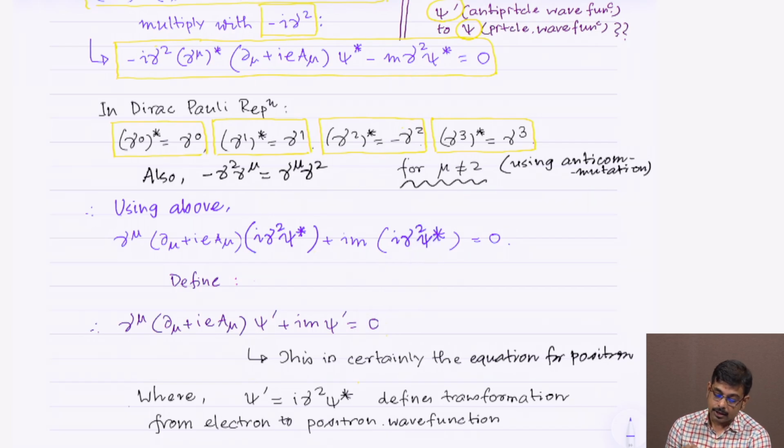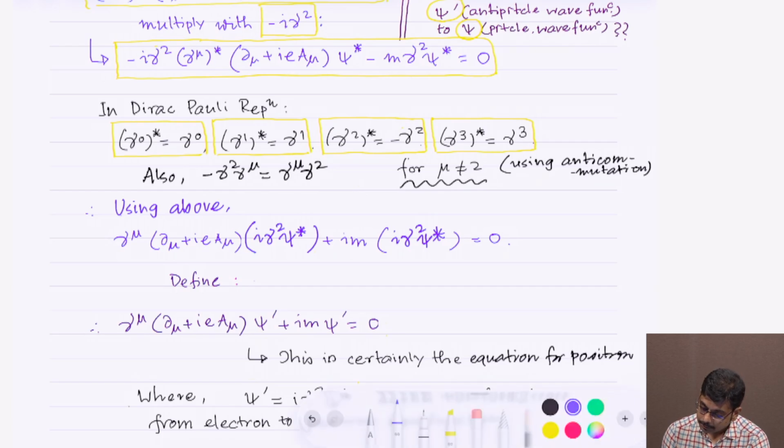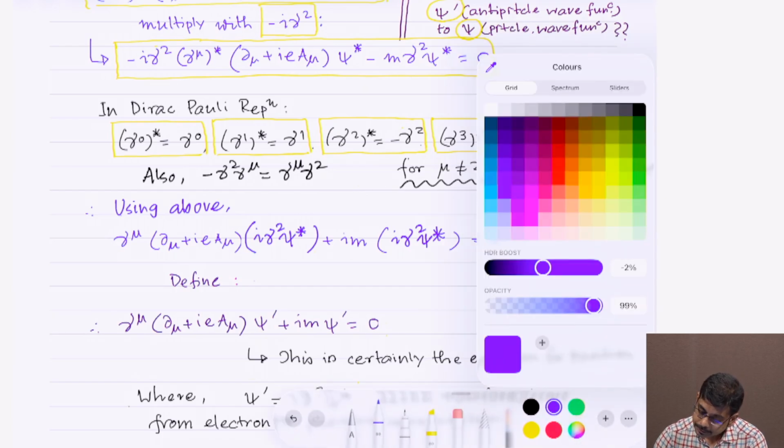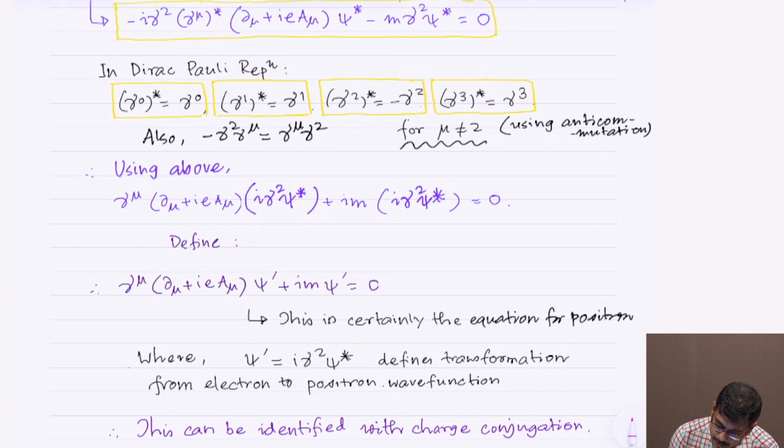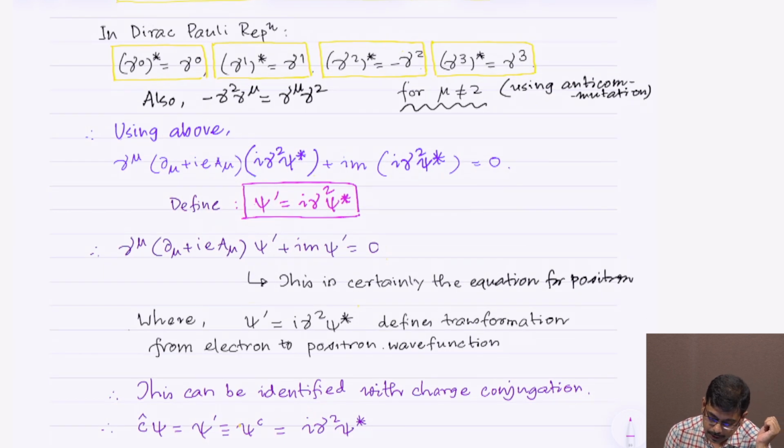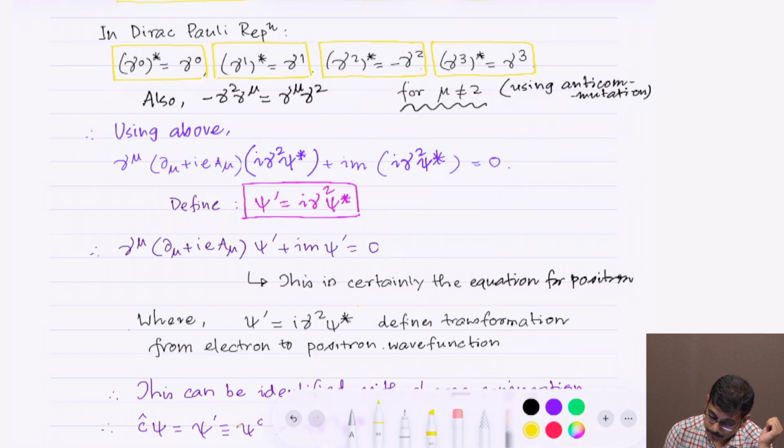Now, this is something interesting: if I define psi prime equal to i gamma 2 psi star, the above equation boils down to gamma mu times del mu plus i e A mu psi prime plus i m psi prime equal to 0.